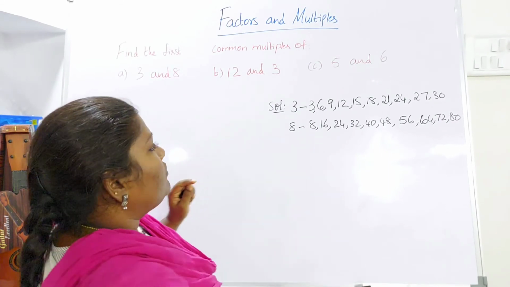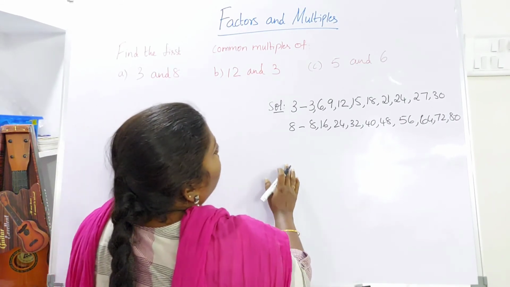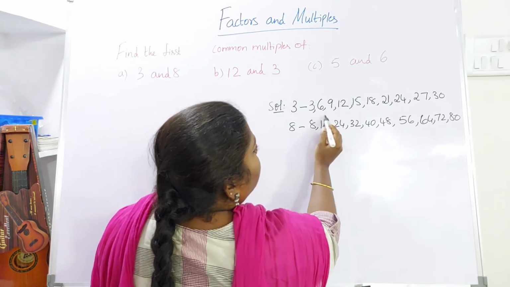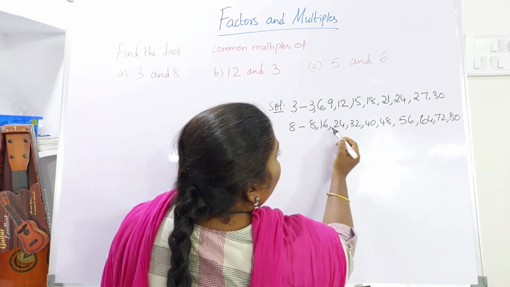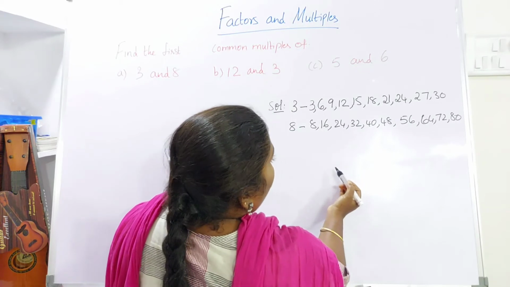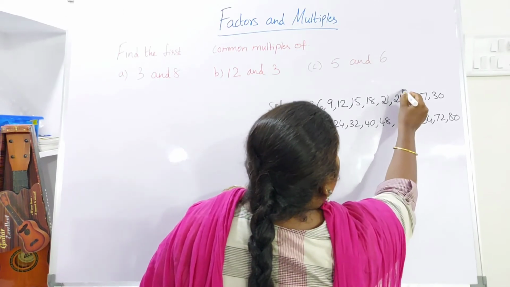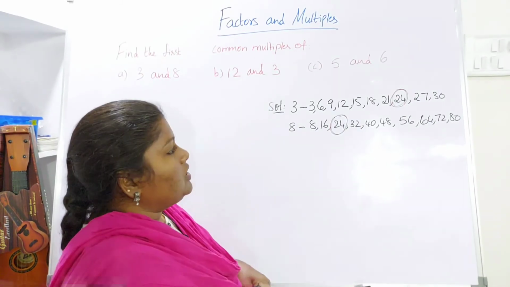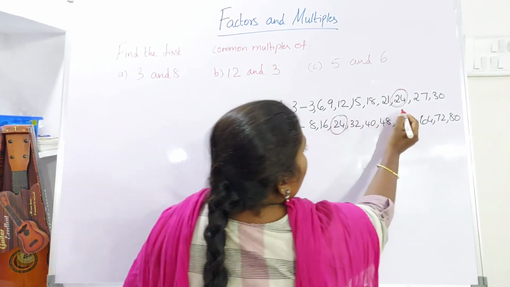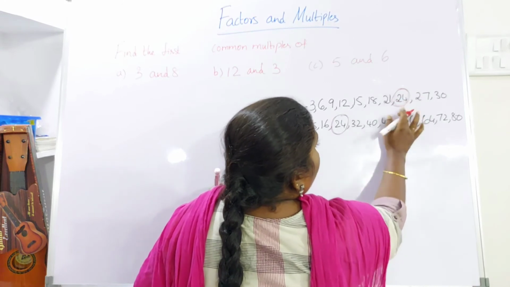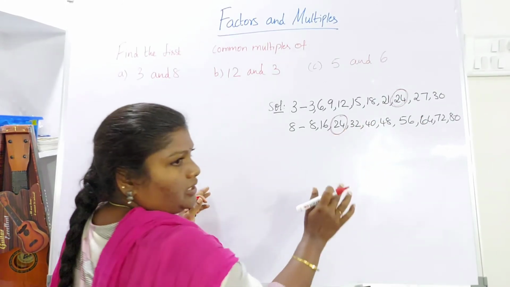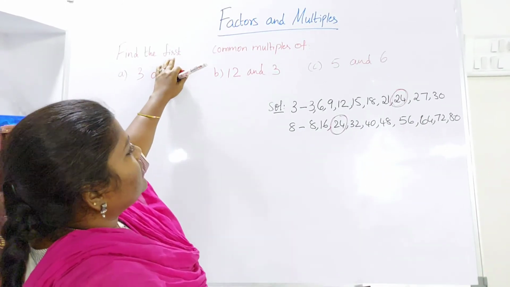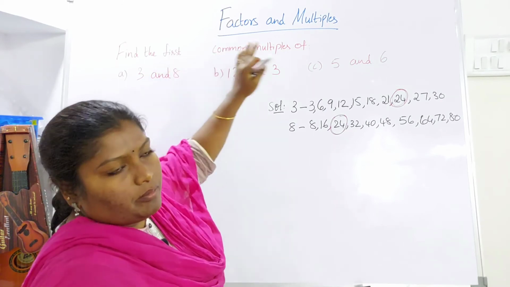listed out. Now we have to see which are the common multiples. Now here the common multiple between these two is 24. So here I have listed out the multiples. Now you can see that 24 is common in these two. Now in the question they have asked you only the first common multiple.